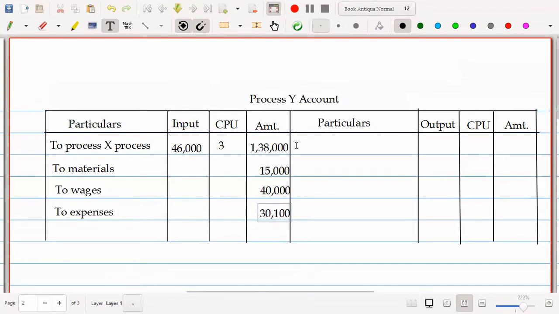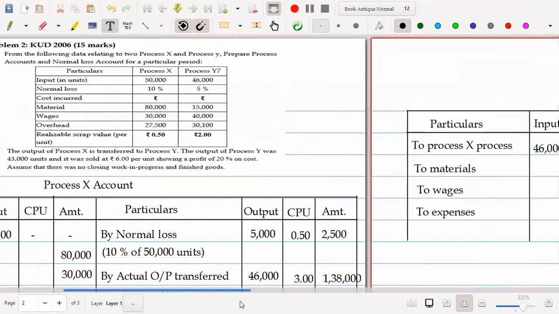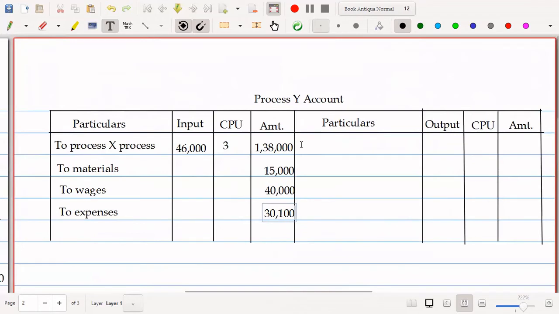And this side, what's given in the problem? What is the normal loss? Normal loss is 5%, and the scrap value is rupees 2. 5% of input, so normal loss is 5% of 46,000 units.